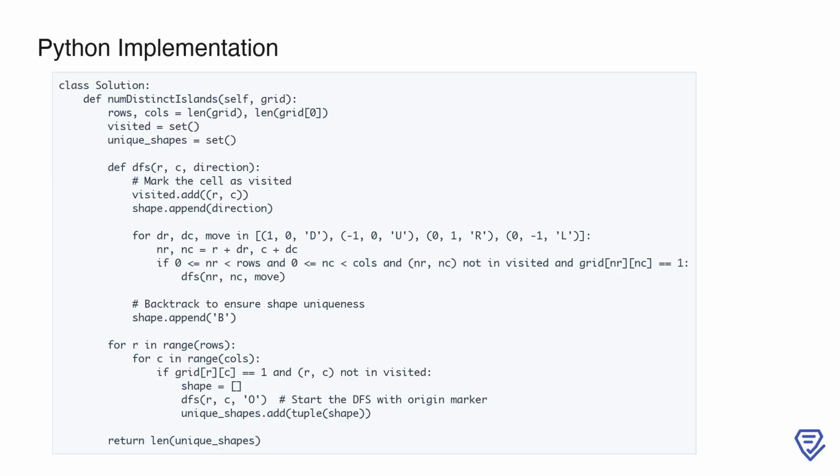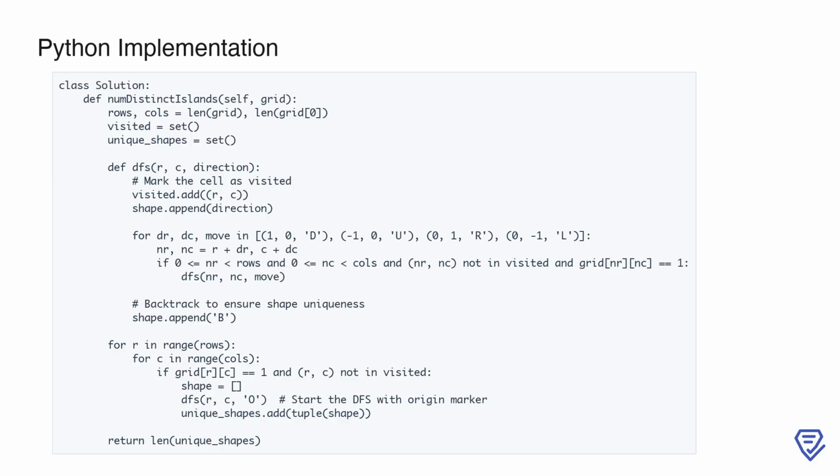The main loop iterates through each grid cell. Upon encountering an unvisited land cell, it initializes a new shape list and performs a DFS starting from that cell. The resulting shape is converted to a tuple, immutable, and added to the unique_shapes set, ensuring only unique island shapes are stored.